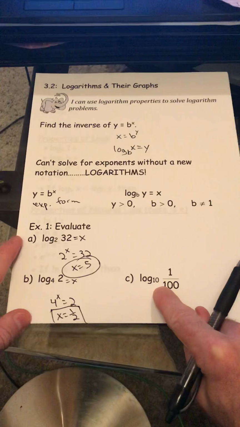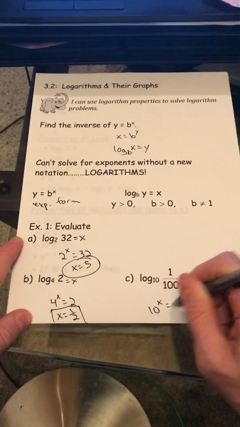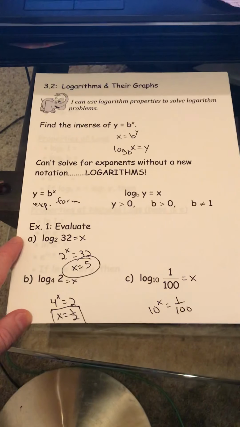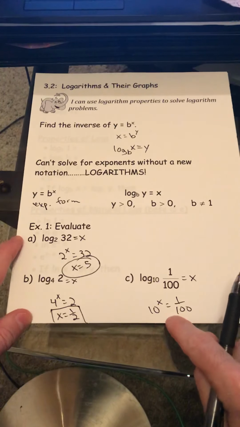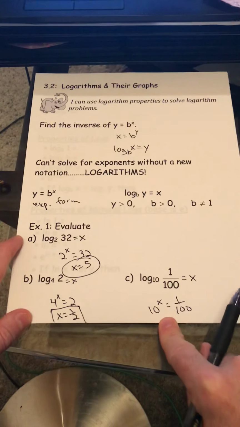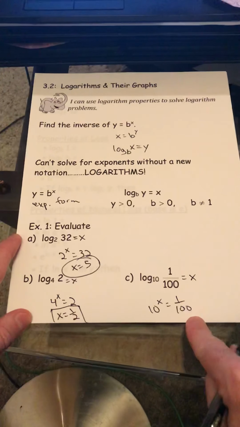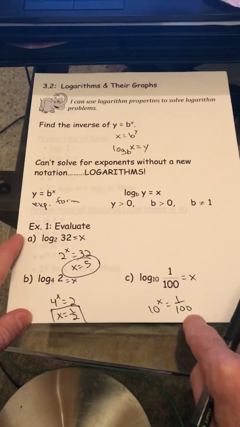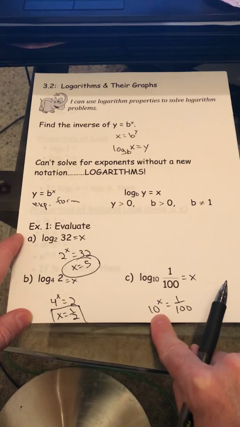Log base 10 of 1 over 100, so 10 to the x equals 1 over 100. When we were graphing the exponential functions the other day, this issue showed up there. If you have a base and you end up with a fractional answer, you're going to have to involve a negative exponent.